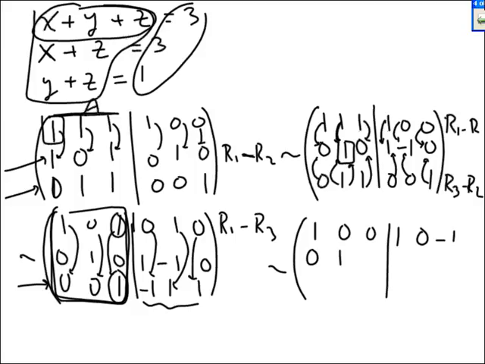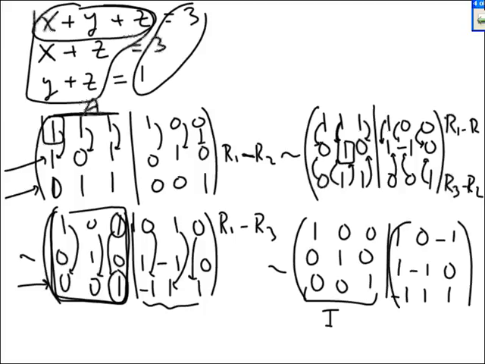And the second and the third row, they stay the same. Now that this is the identity matrix, this here is the inverse of what I called matrix A.